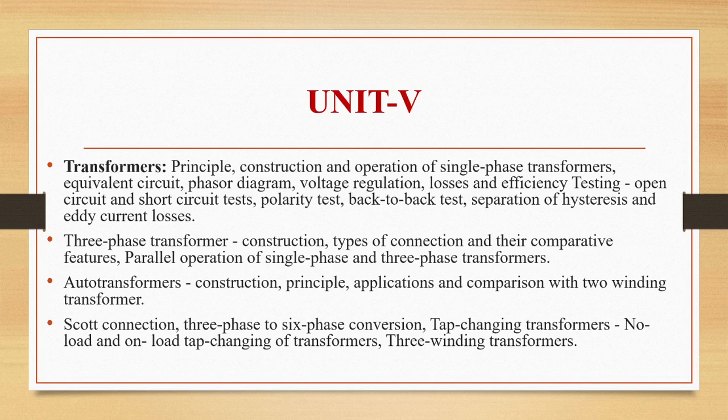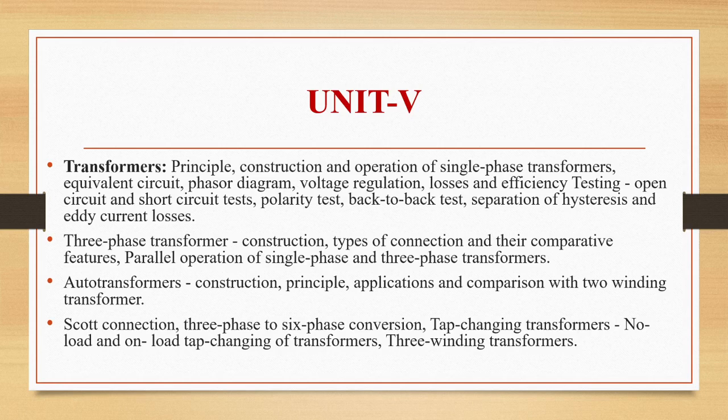Transformers are used for transmitting the voltages at higher values, as it is economical. There are four main parts in a power system: generation, transmission, distribution, and the fourth one is utilization.